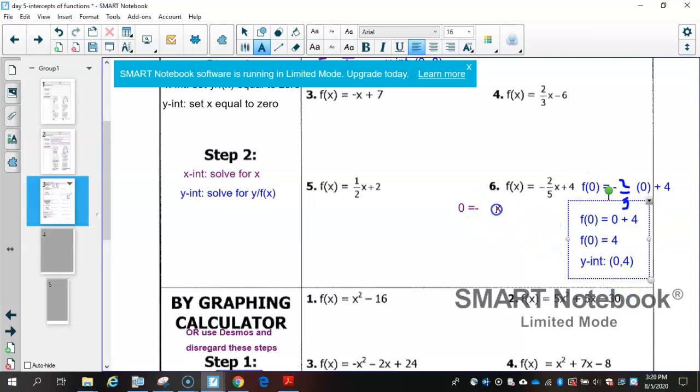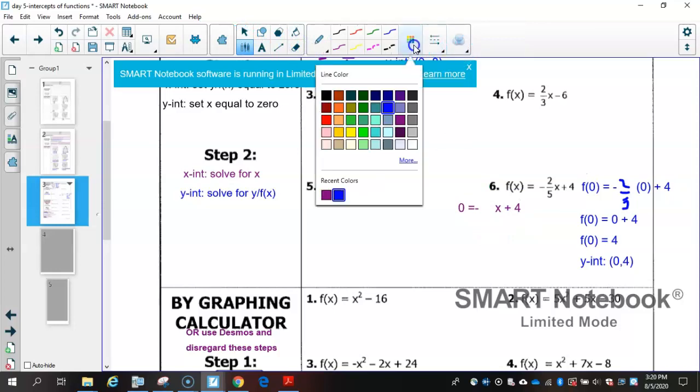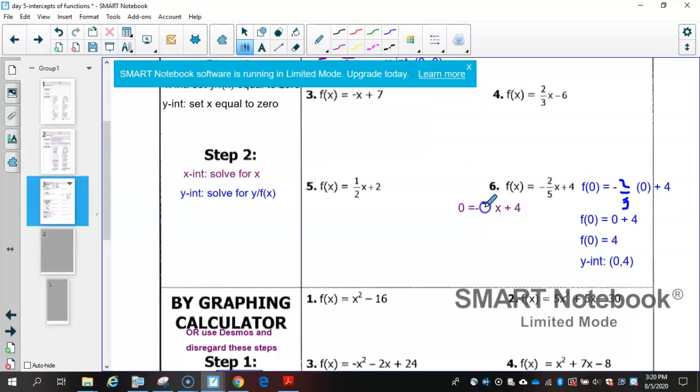Now that that's fixed, that was supposed to be a 2, it doesn't really look like one. Okay.